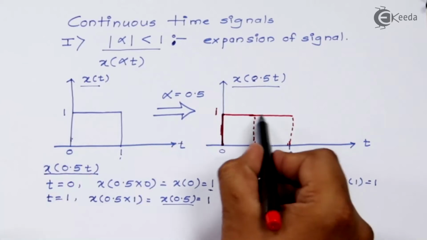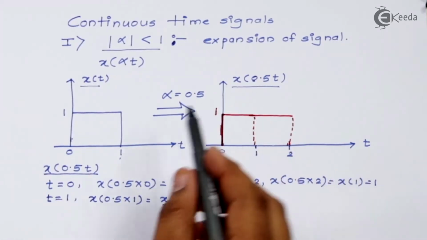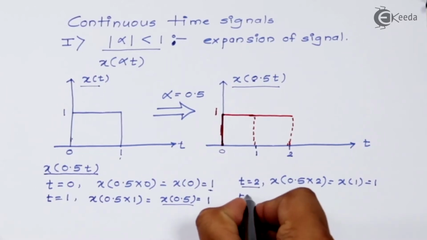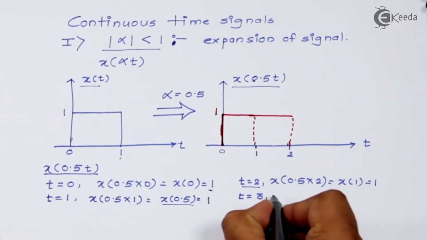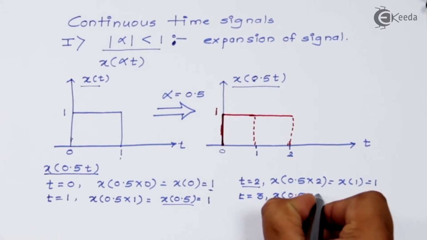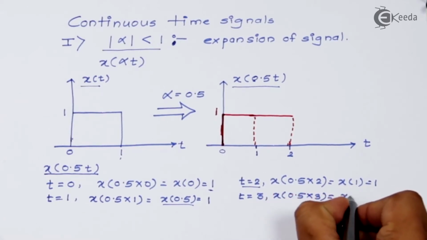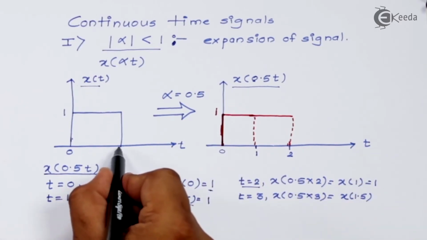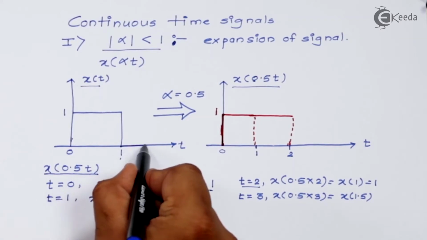Now I know that this graph actually ends over here, but for you I'll substitute the next value, that is t equals 3. If I substitute t equals 3, then x of 0.5 into 3 will give x of 1.5. And just look here, after 1 this graph has amplitude 0.